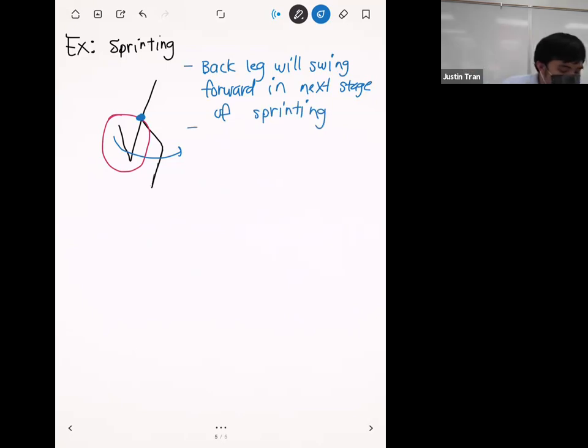In order to maximize your sprinting, we want this leg to swing forward with the least amount of resistance as possible.